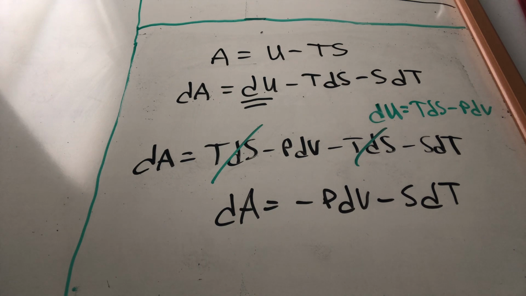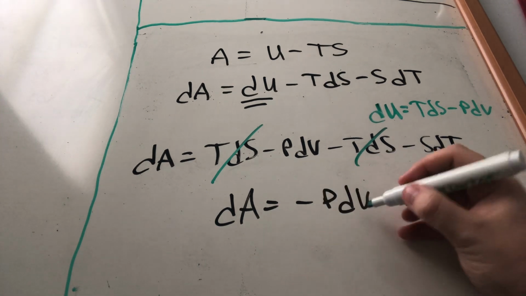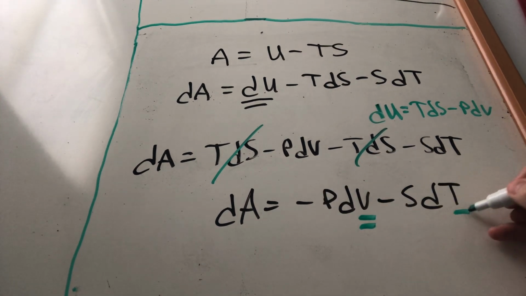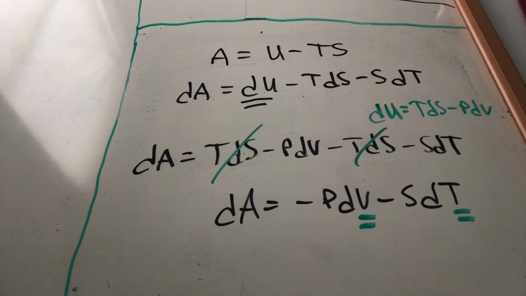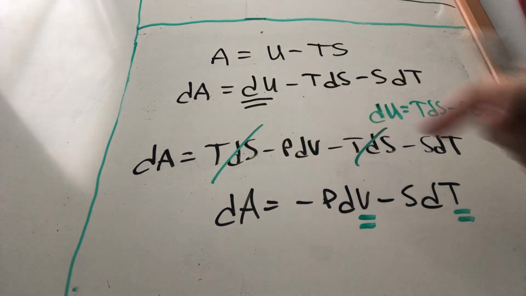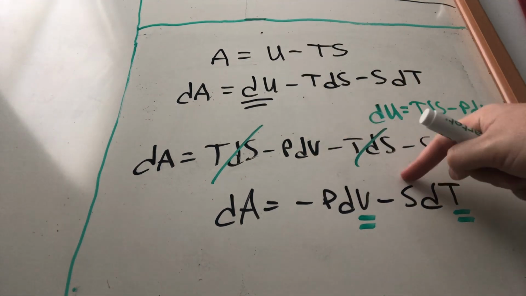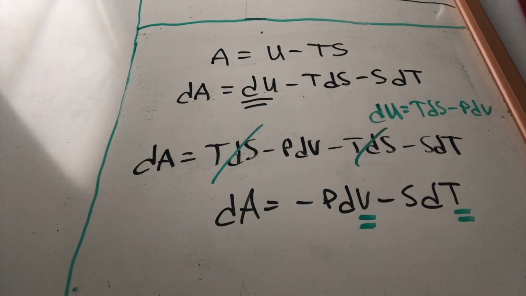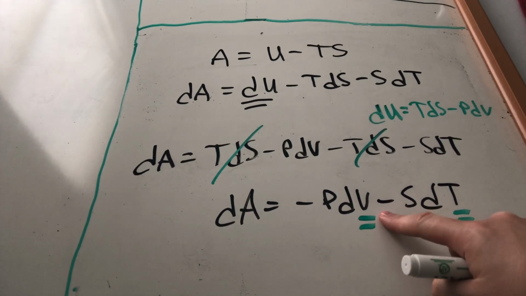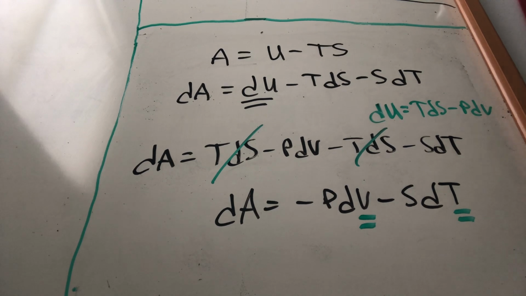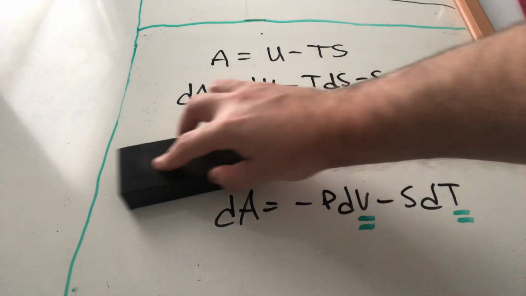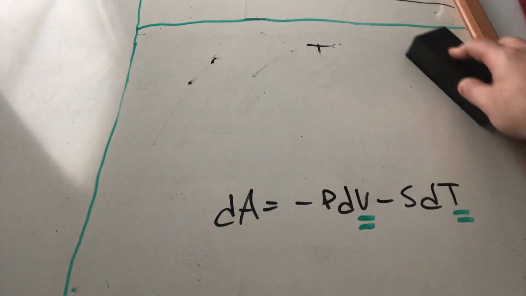Now, what does this tell us? This actually tells us what the natural variables of A are. The natural variables of A, the ones that give a total derivative of A with simple partial derivatives out in front, are V and T. Let's write the natural variable relationships then.